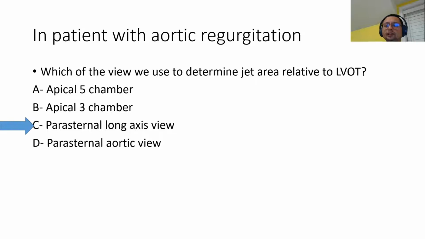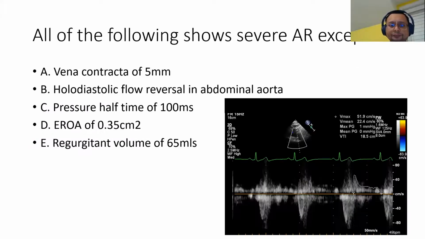The answer in this situation is parasternal long axis view. That's the best place to determine jet area relative to the left ventricular outflow tract. The reason being, if you do this in the apical 5 or apical 3 chamber view, you might overestimate the severity of aortic regurgitation.